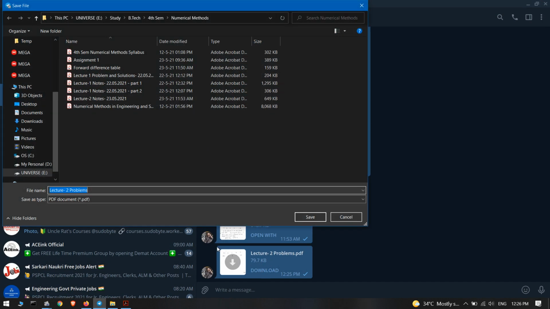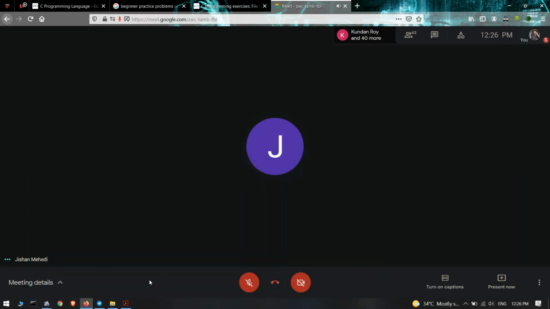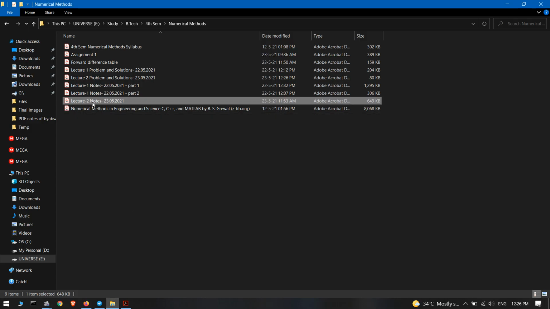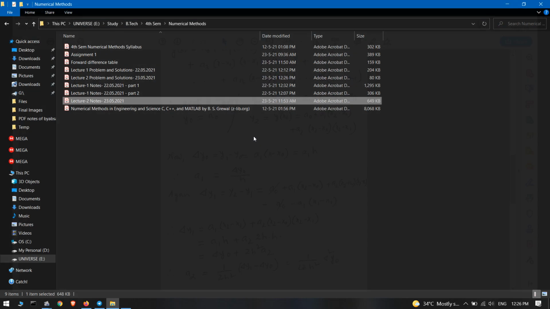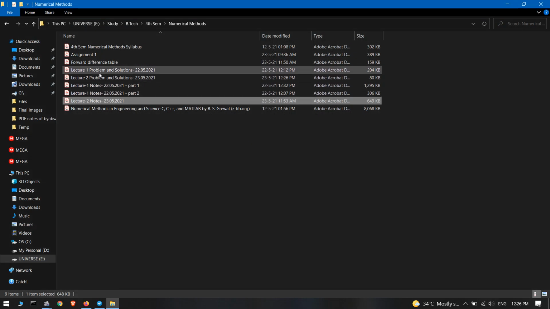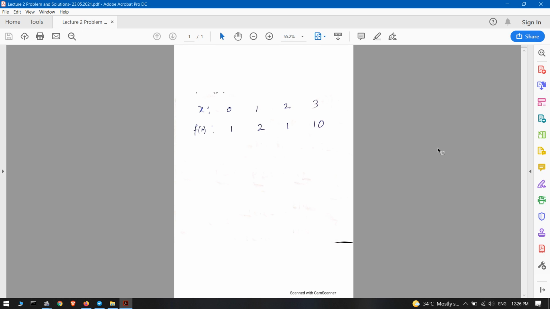Del square of fx: minus 1 minus 1, that is minus 2, and that will be 10. And del cube of fx is equal to 12, and that will be last. So we have completed this forward difference table. Table is complete. Now try to find out the expression for the polynomial.